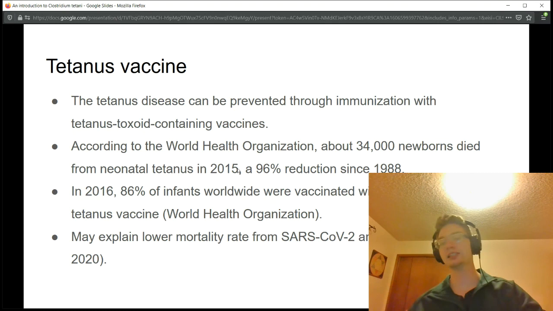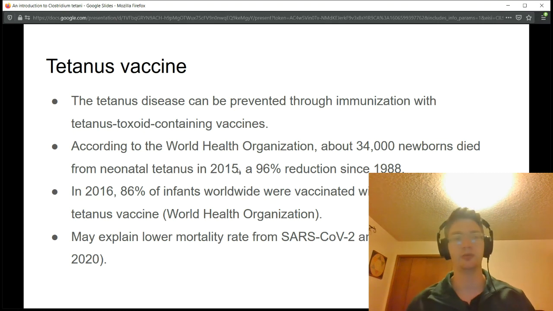So the bright side of this is that we do have a vaccine, and it works very well. Tetanus disease can be prevented through immunization with tetanus toxoid-containing vaccines.